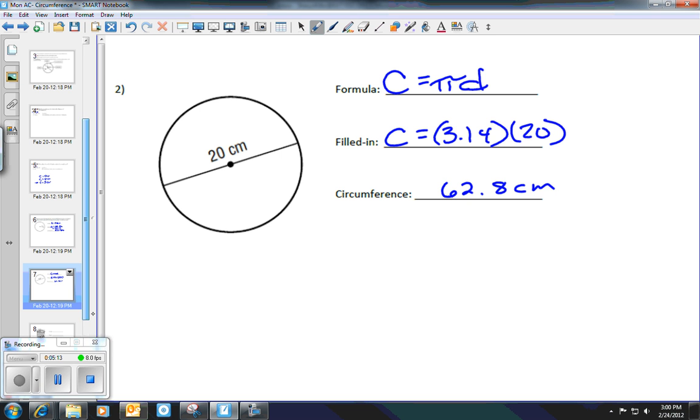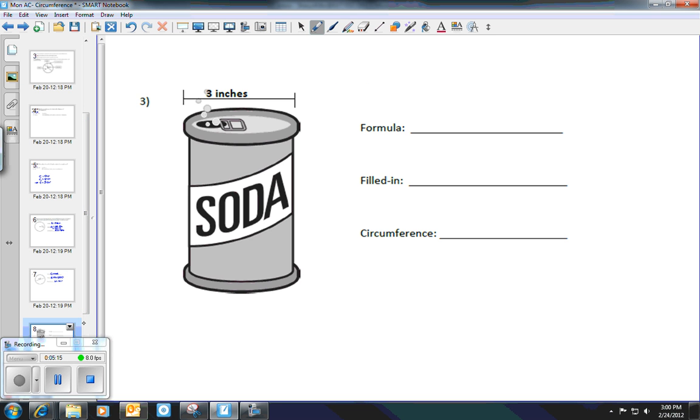Okay, and one more example. Looking at this soda can, all we're interested in is circumference. So all we really want to know is how far around the end of the can. The base of the can is a circle. We want to know how far around that can. So if we know that the diameter of the soda can is 3 inches, we can use C equals pi d.